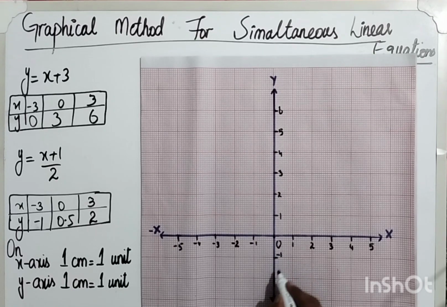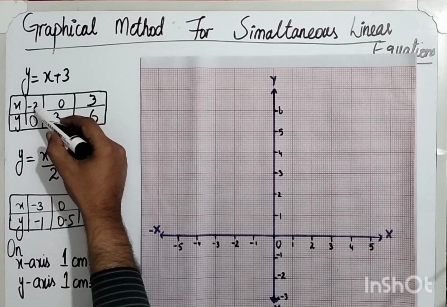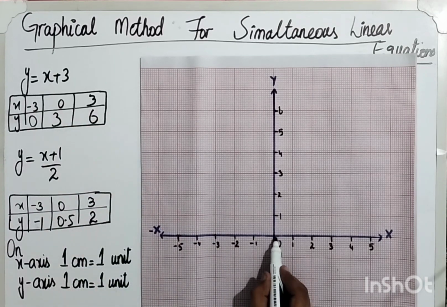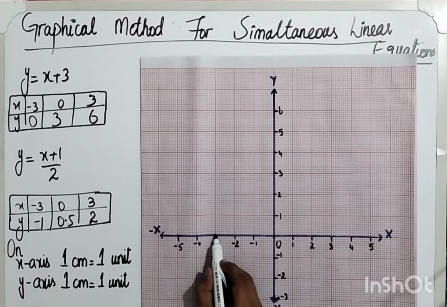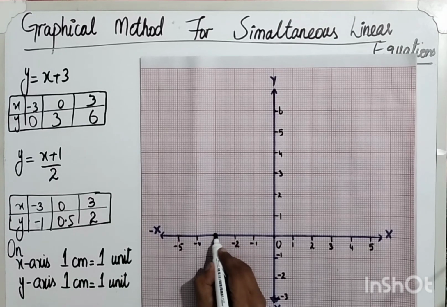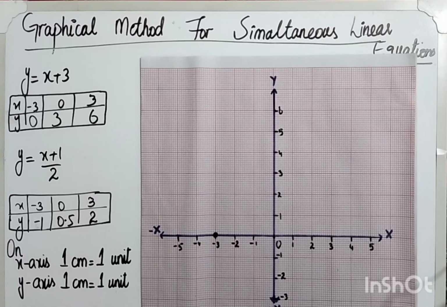And on the negative y-axis, -1, -2, and -3. So plotting my first point as -3 and 0, I can clearly see that this is -3 and the y coordinate is 0. So we will get the point at this location.